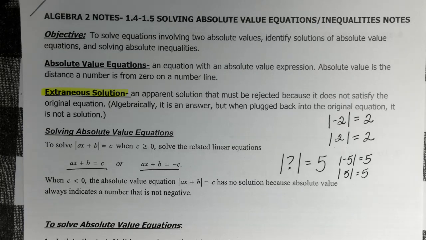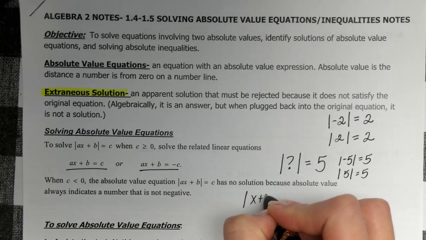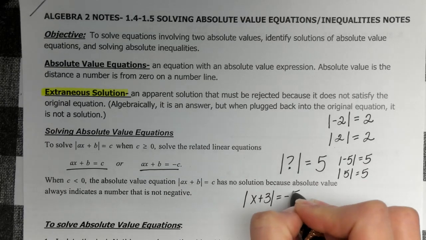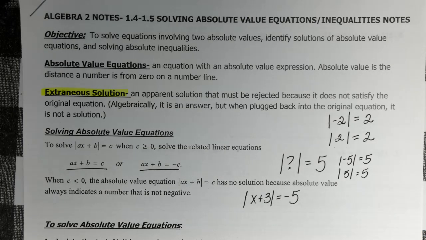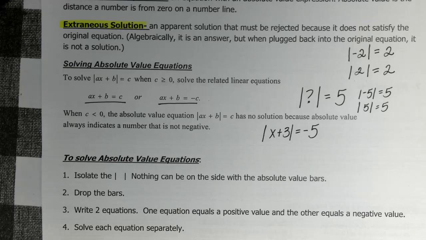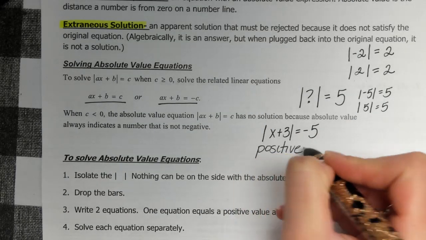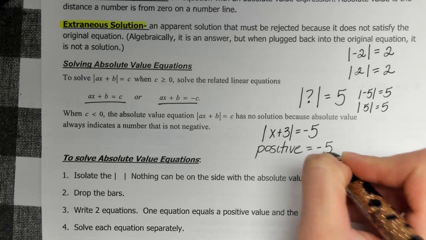Now, if you have something where you have the absolute value of x plus 3 equals -5, well, what did I just say about absolute value? It's always what? Positive. So absolute value is always positive, but here I'm saying it's equal to a negative number.